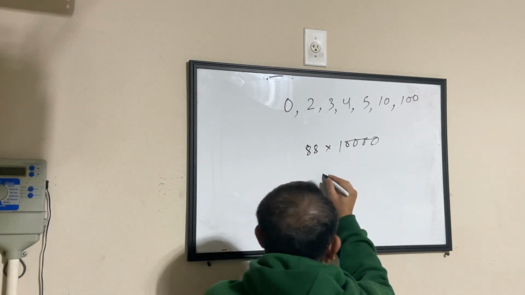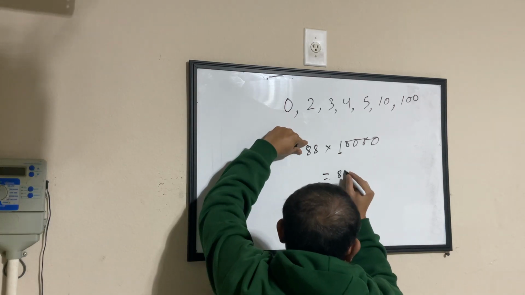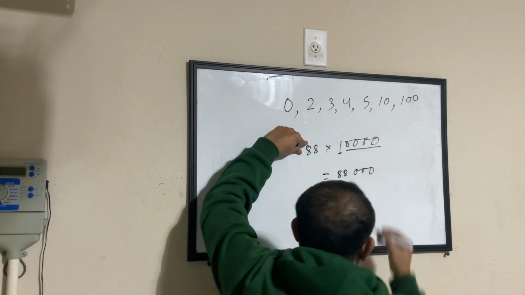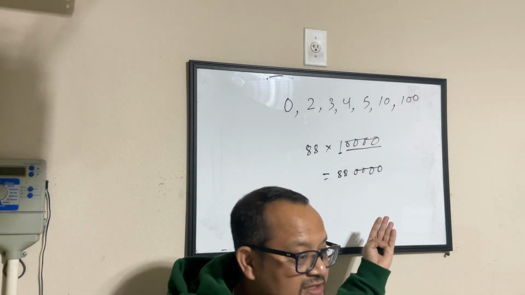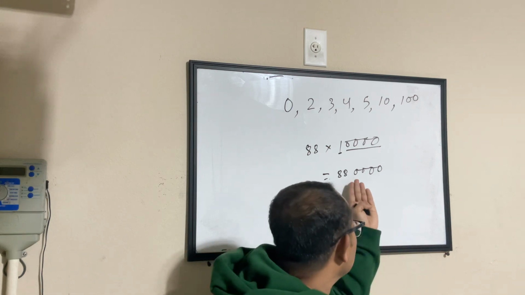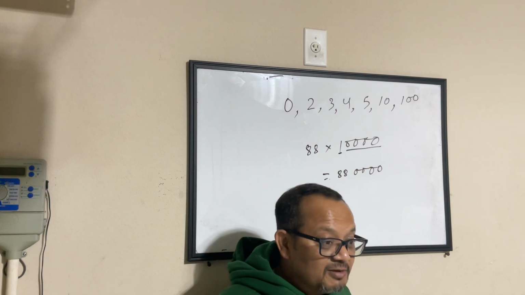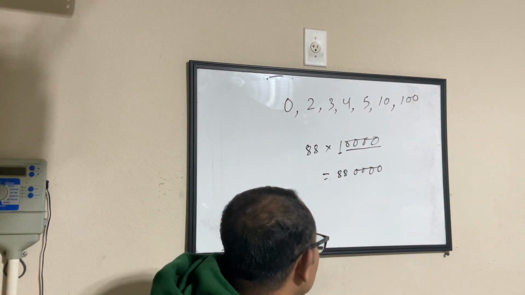You have to just look at, okay, fine, I know multiplication. Starting with 1, that means I will write 88 and then look at how many zeros I have. You write 4 zeros and nobody cares whether it's a million or billion. The examiner who will look at your paper will see, okay, 4 zeros, fine. Whether it's 1,000, 100, million, billion, nobody cares, unless they ask you to put that in billion as an answer.